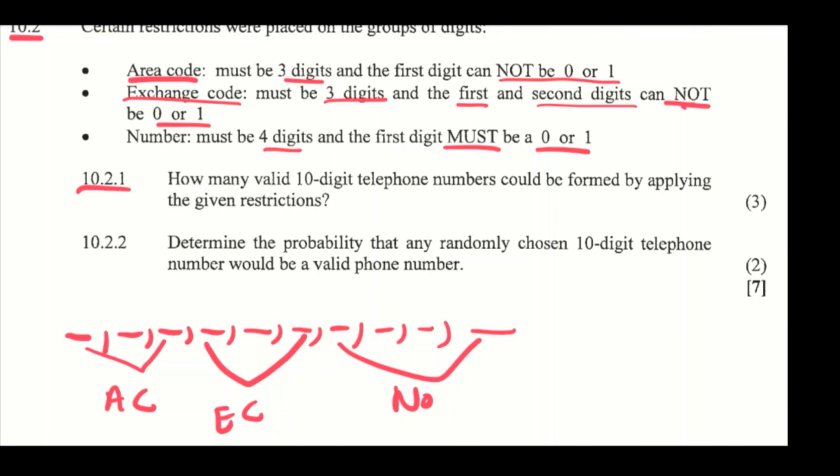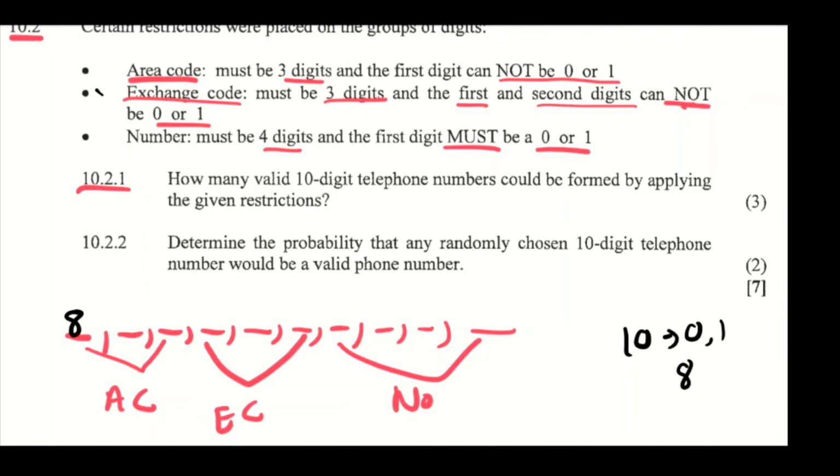So to choose for the area code, let's look at the conditions. It says that yes, we want 3 digits, but the first digit cannot be a 0 or 1. Total digits are 10, but if you remove 0 and 1, you're going to get 8, right? So let's just write 8 for the first part.